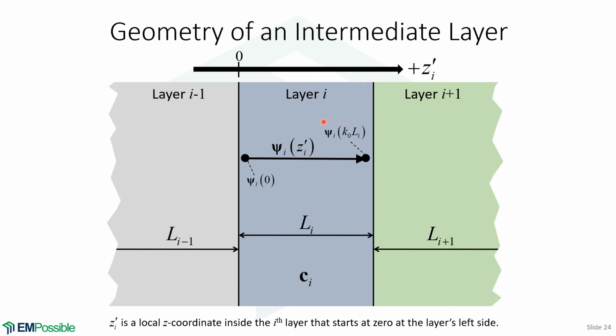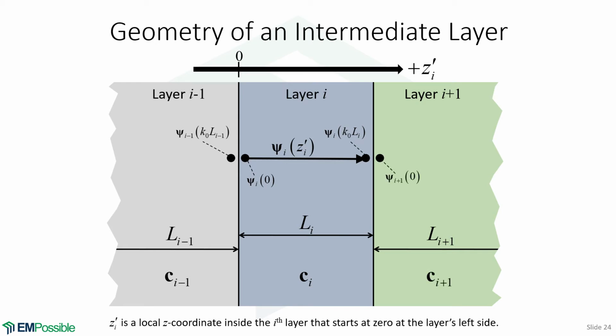Anyway, this last term is the field at the end of the layer. Now, if we look in the previous layer to the left of layer sub I, that's just psi sub I minus 1. We're looking at the fields in the I minus 1 layer. And all the way at the far side of that layer, the z value is k naught times L sub I minus 1. So that's the length of the previous layer.